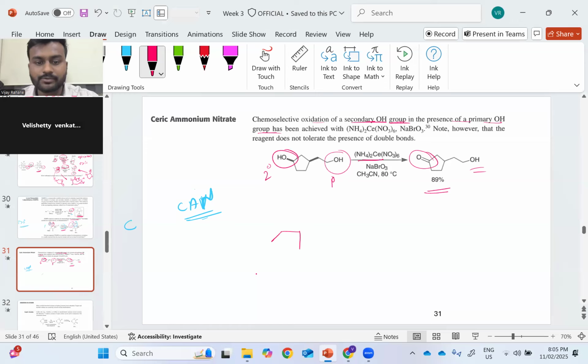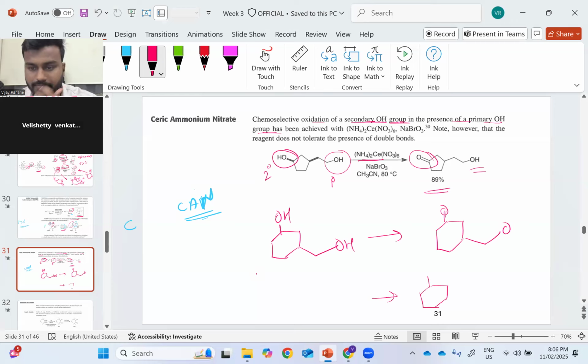So let's take an example. This is one of the alcohols, and let's say we want to oxidize this, or another way. So this is A and B. You can select any one of these reagents.